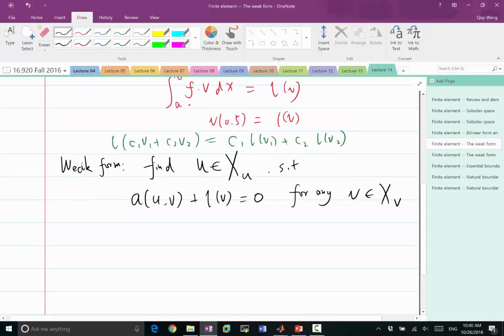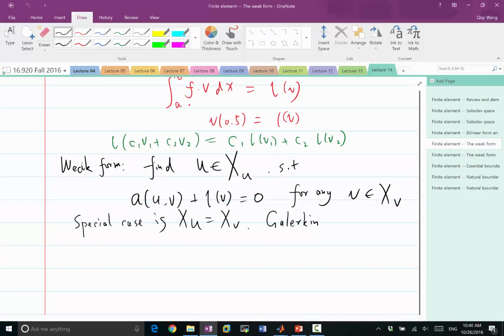And a special case is when XU is equal to XV. That's called the Galerkin method. The Galerkin method requires the spaces XU and XV to be the same, and we are also discretizing XU and XV in the same way.